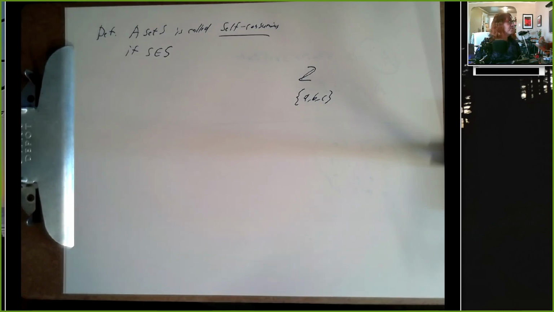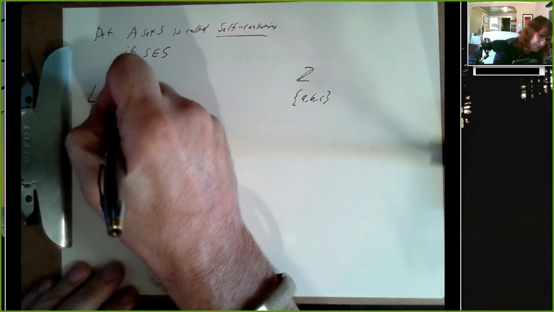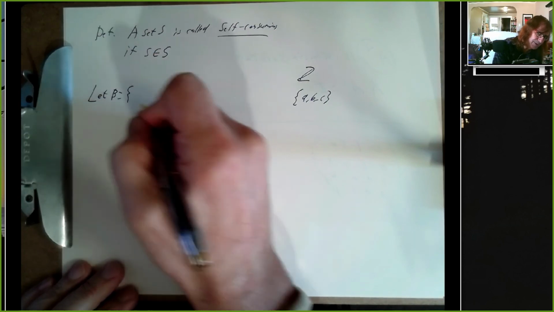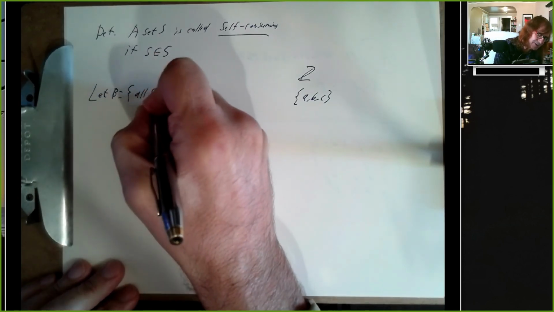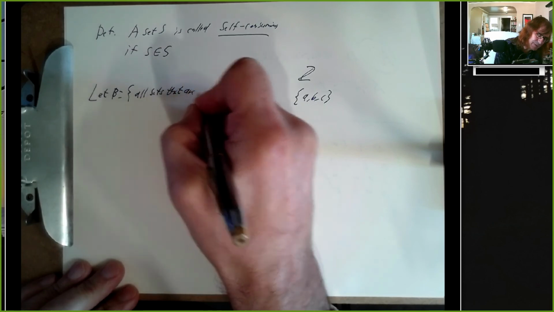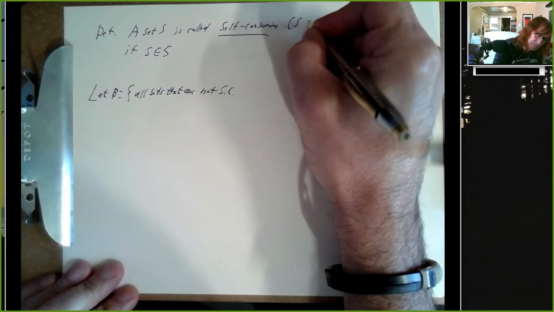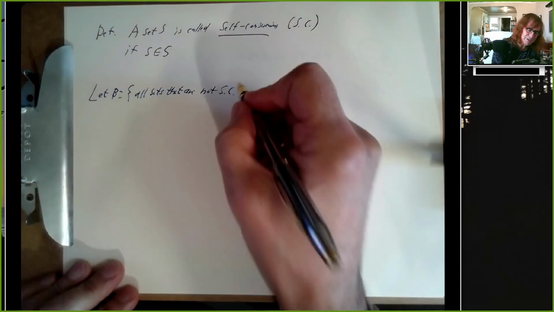All right, so here's what we're going to do. Let B equal the collection of all sets that are not self-consuming. So I'll write SC for self-consuming.